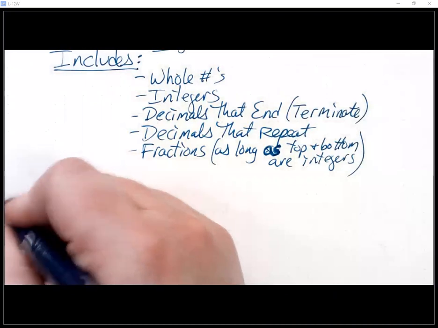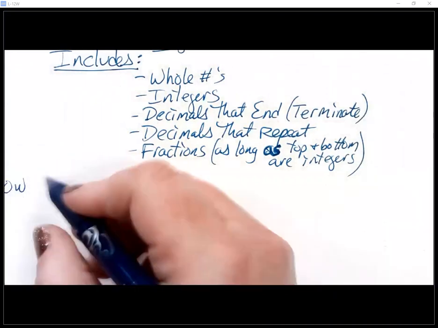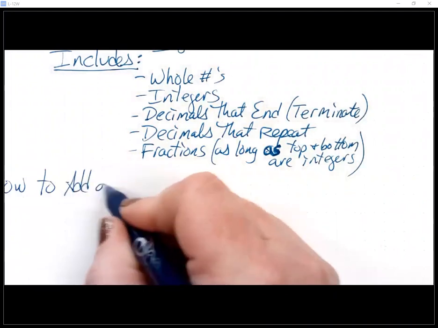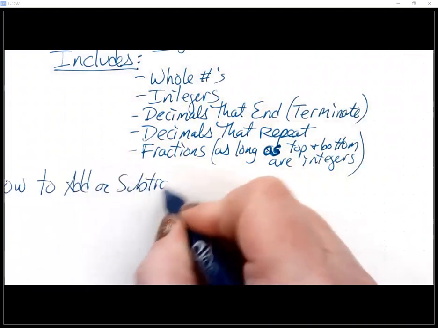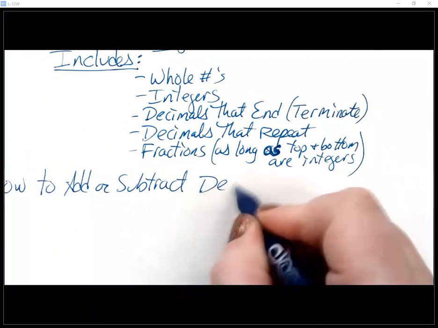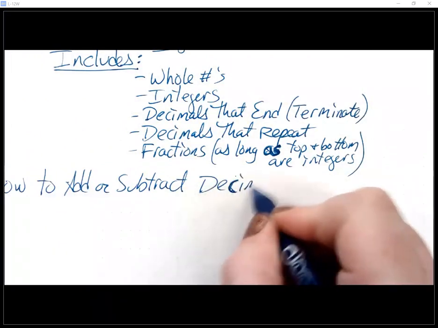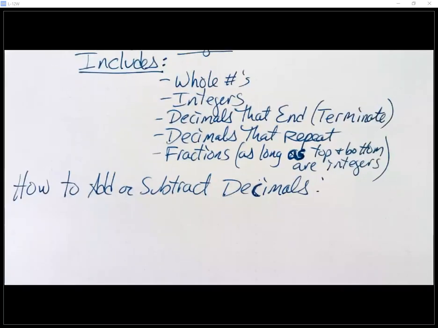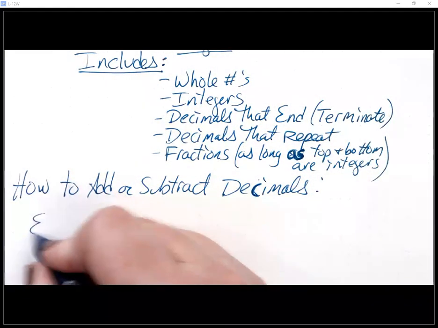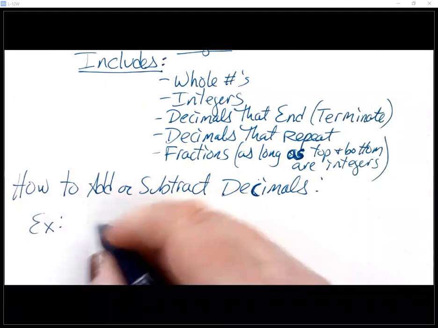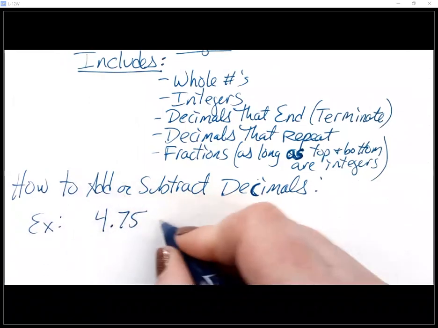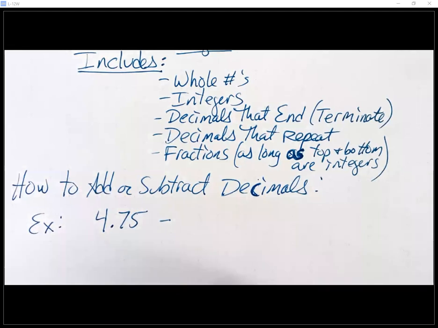So let's start off with decimals. How to add or subtract decimals. So let's do an example problem, and maybe you could tell me what you're supposed to do. Say I wanted to do something like 4.75 minus 3.2.